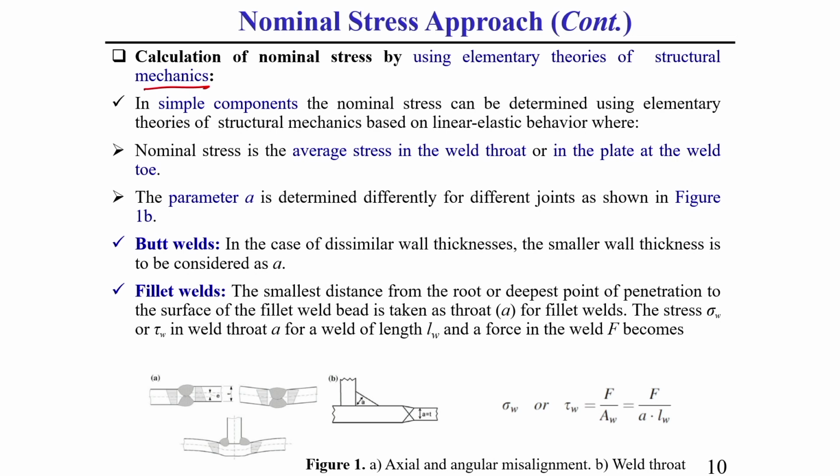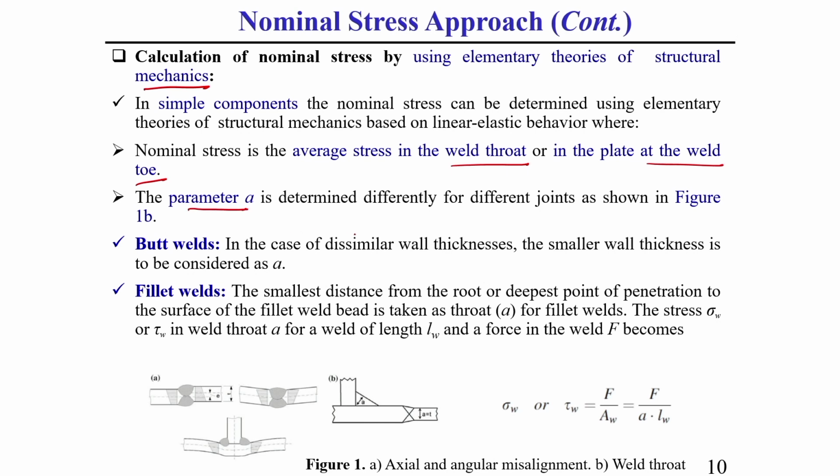As I have already told you, this theory is generally used for simple components, and the nominal stress is the average stress in the weld throat or in the plate at the weld toe. How generally this nominal or average stress can be calculated, I am showing. For calculating this, a parameter A is required to be determined.